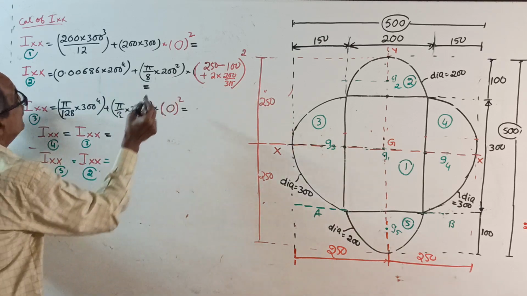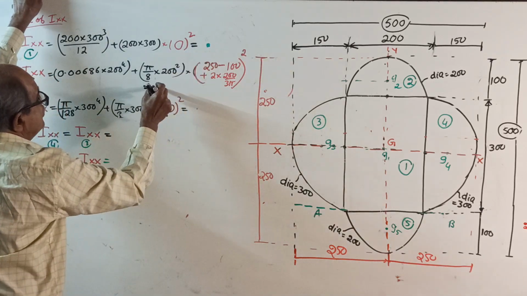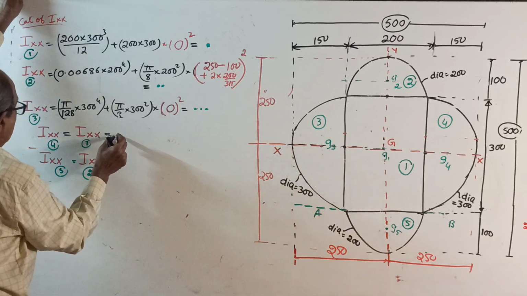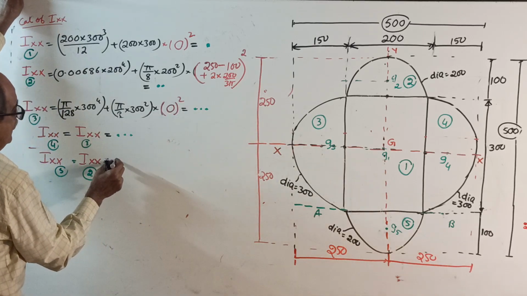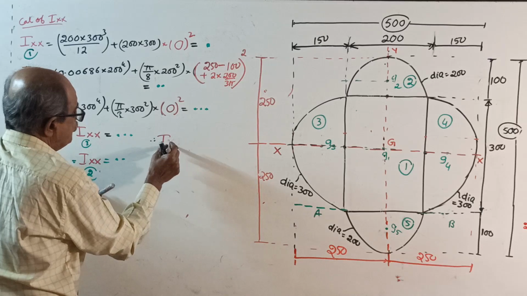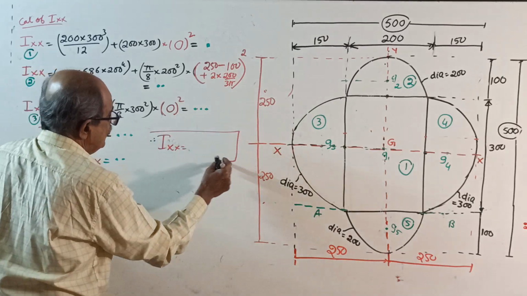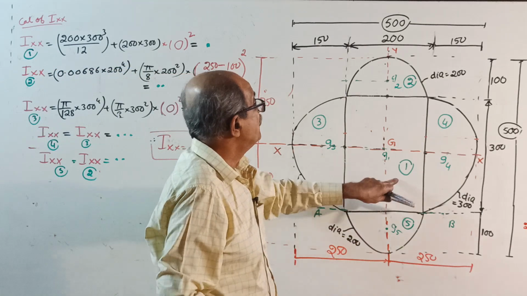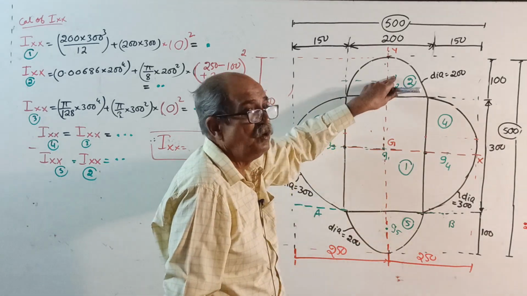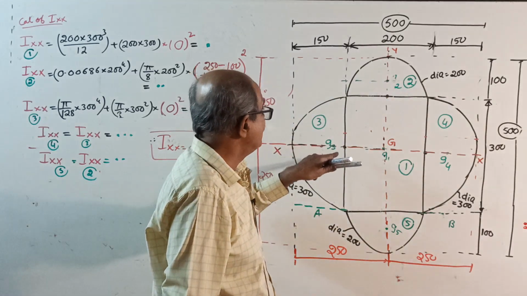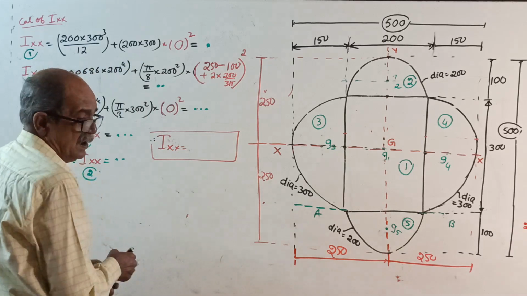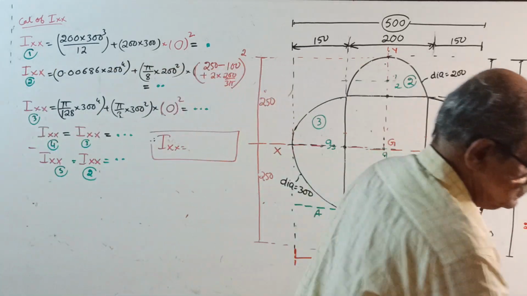Whatever you got here, write down. If it is a dot, this is a double dot, then this is a triple dot. Therefore IXX for the entire section is IXX for 1 plus IXX for 2 into 2, plus IXX for 3 also into 2. Calculate the answer.